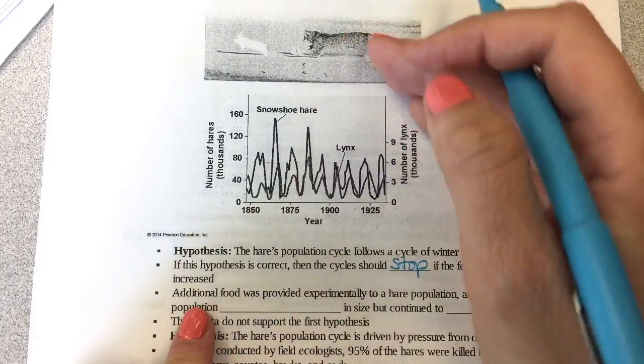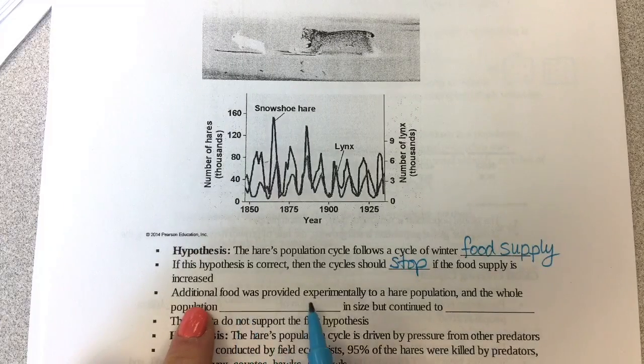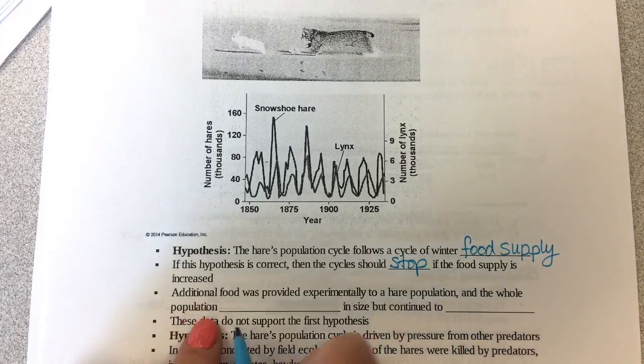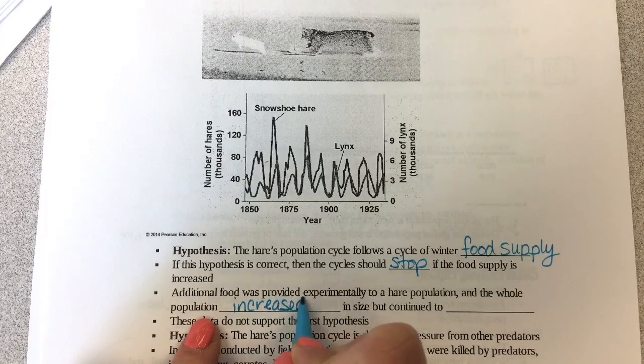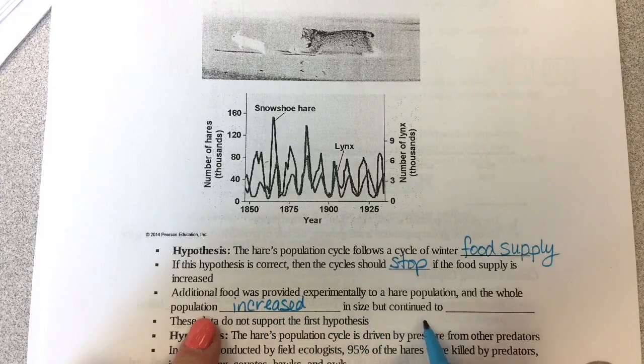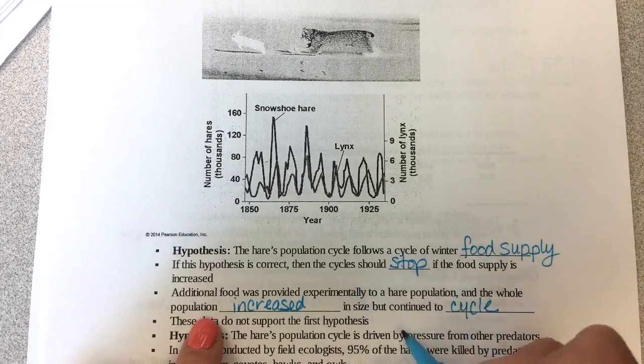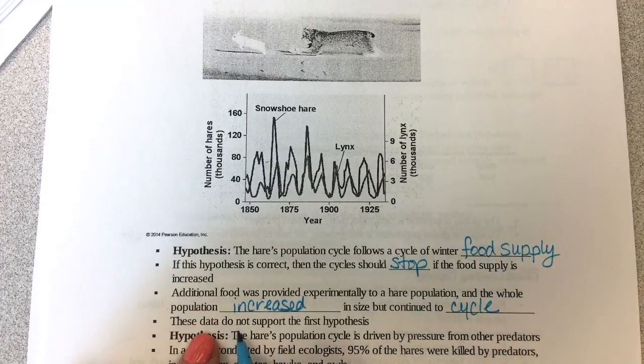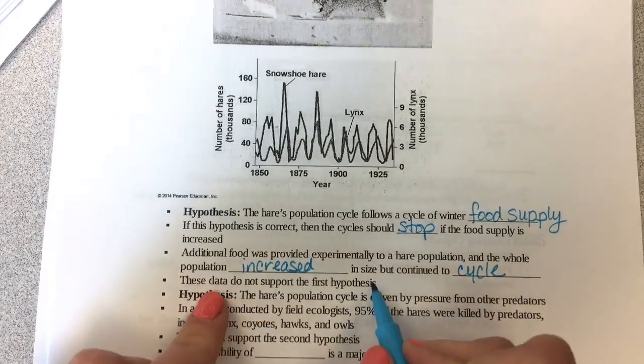Boom meaning increase, bust meaning decrease. And additional food was provided experimentally to hare populations, and the whole population increased in size. So you had more hare, but continued to cycle. So you still had the boom and bust, which then disproves that it's the food supply. So this data does not support the first hypothesis.